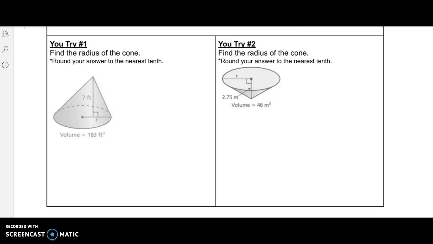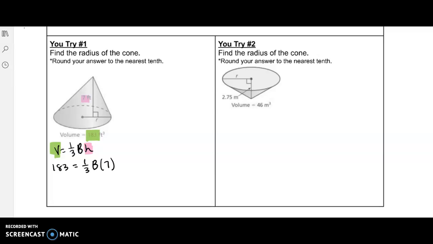So first we are going to use that volume equals 1/3 the area of our base times height. We are going to plug in 183 for our volume. So 183 equals 1/3 the area of our base. And then our height is 7, so we're going to plug that in for H. So times 7.